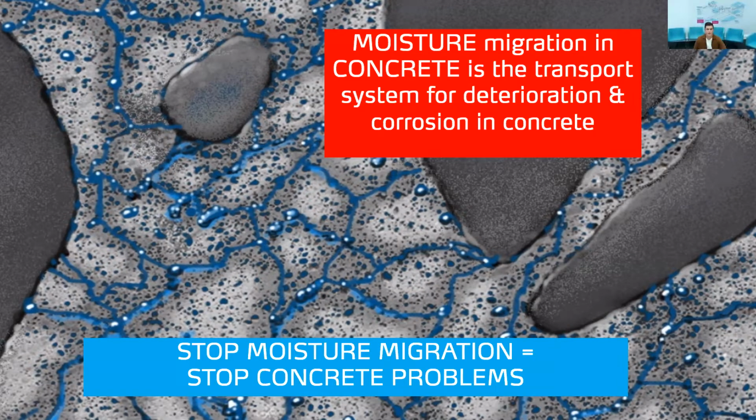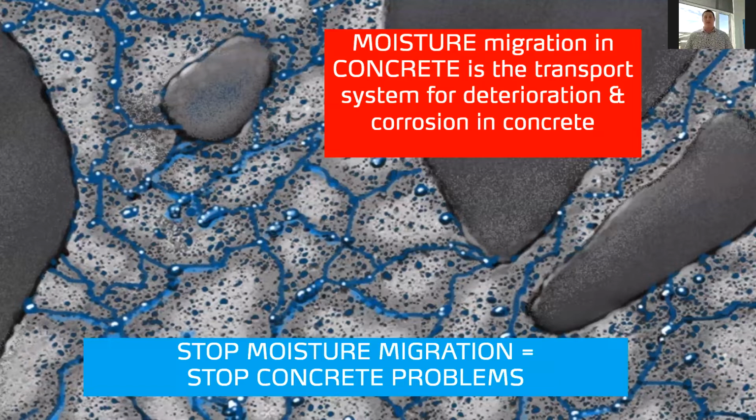Yeah, it sounds like a challenging problem. What's the answer to this problem? It's something that I'm potentially biased about, but I've also done a lot of study in this area. In short, the answer is to waterproof, or to stop that moisture migration through the concrete.